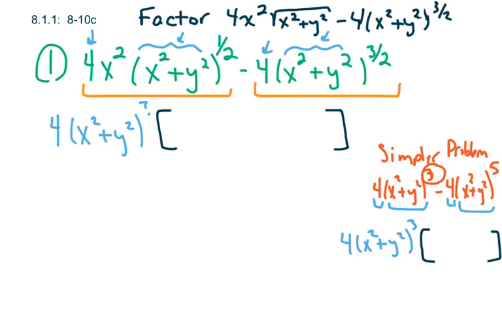And whatever's left is going to go in those brackets. Now, you could use parentheses here. I just tend to use brackets, but it doesn't matter. So I factored that out, and in brackets I have 1 minus x squared plus y squared. So what power would be left? Well, in the original it was to the 5th. I factored out a third power of that factor, so that's going to go down to a squared.